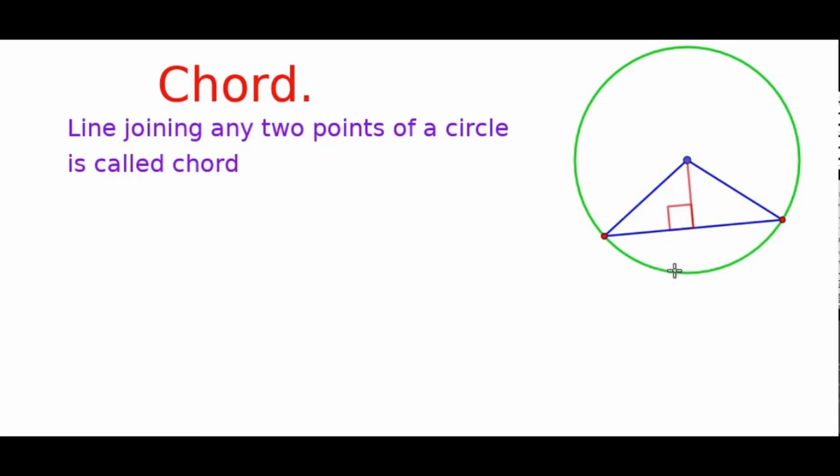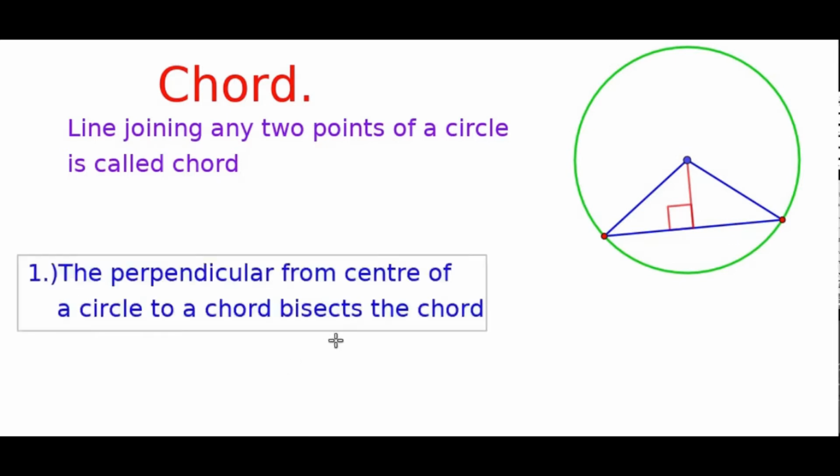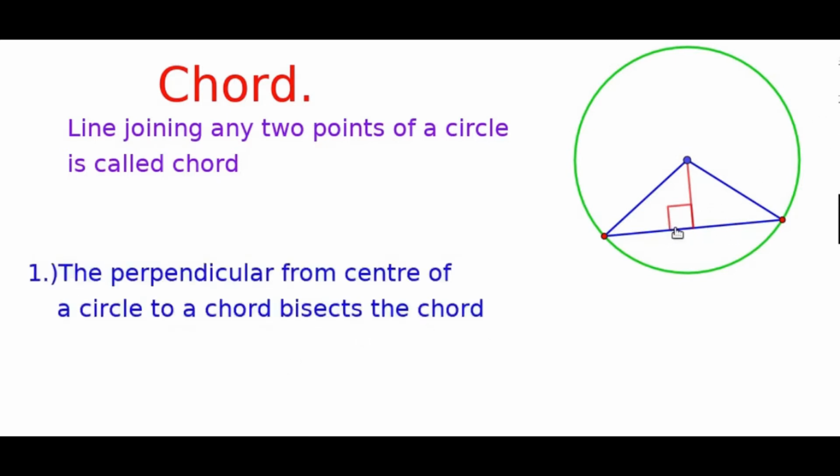If we draw a perpendicular from the center of a circle to a chord, that perpendicular makes this chord to equal pieces, mean we can define it like this: the perpendicular drawn from the center of a circle to a chord bisects the chords. Bisects the chord mean these 2 pieces are equal then.